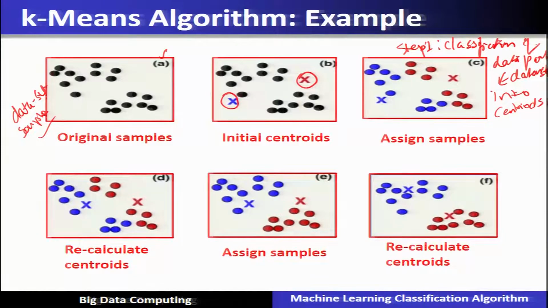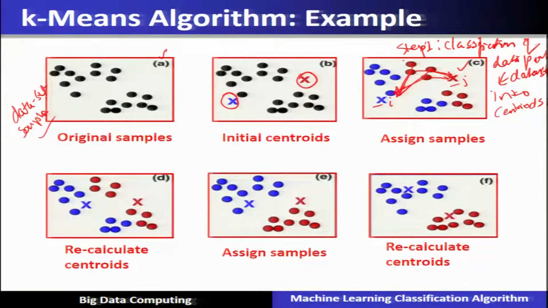Every data point will find the distance to these different centroids, let us say xi and xj. Every data point will compute these distances. This is called a similarity measure. The data point which is closer to a particular centroid will join that centroid.